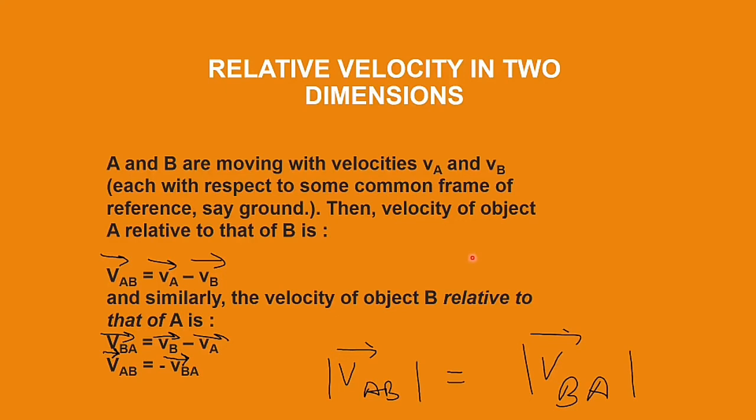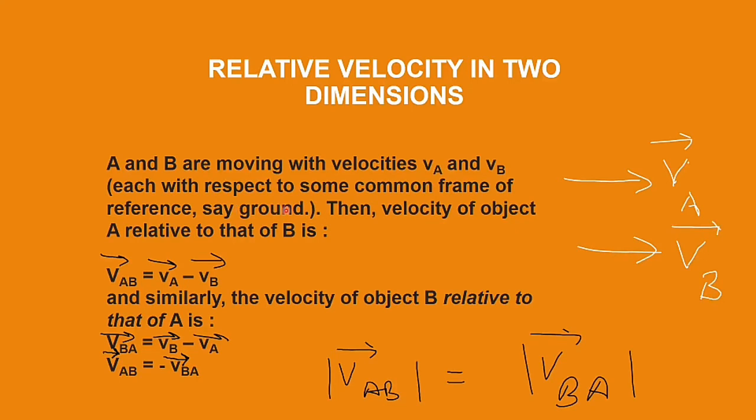On the basis of the knowledge of subtraction of vectors, you can find the relative velocity also in 2 dimensions. As we have discussed for relative velocity, if I am taking that 2 bodies A and B are moving, and if the first body is moving with velocity vA and the second body is moving with velocity vB, then the relative velocity formula is known to you.